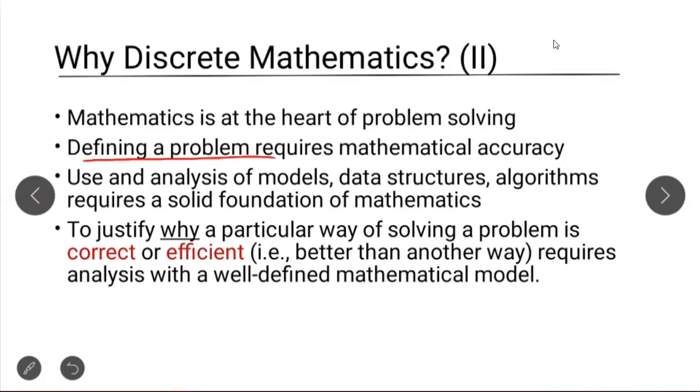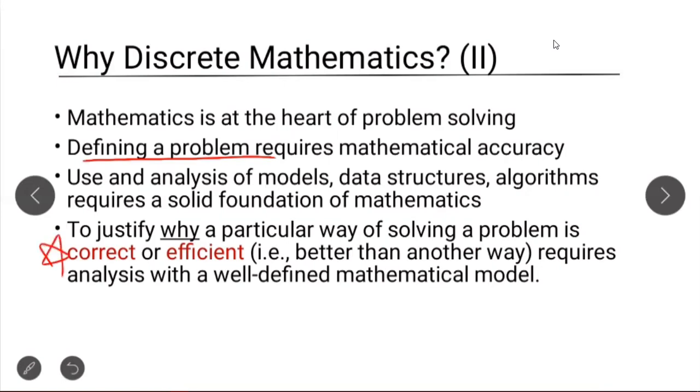Now, in computer science, we use data structures and algorithms to build a foundation of mathematics in such a way that we'll be using the earlier mentioned discrete structures, the ones I mentioned in the earlier slide, that is permutations, combinations, etc. Once you have defined a problem and given a solution, the other important step is justifying why your solution is correct.